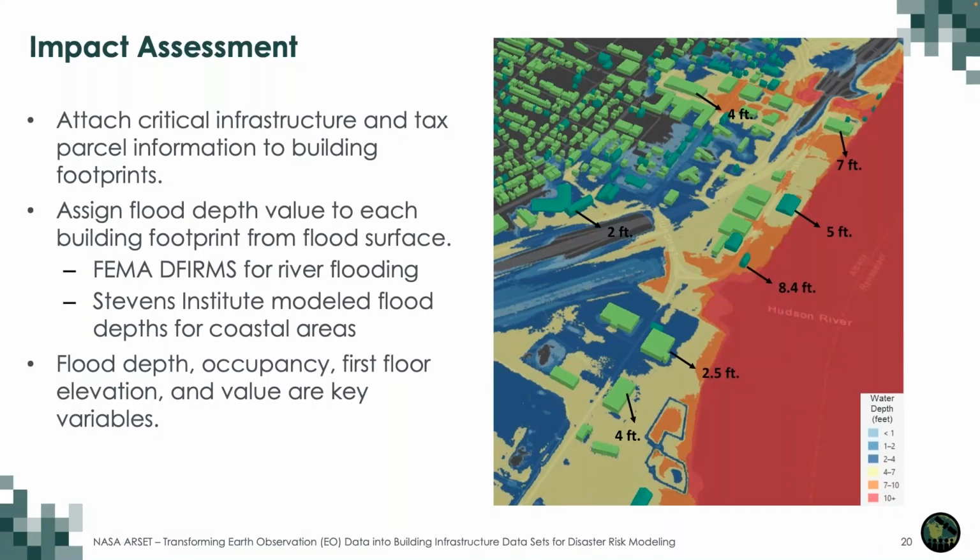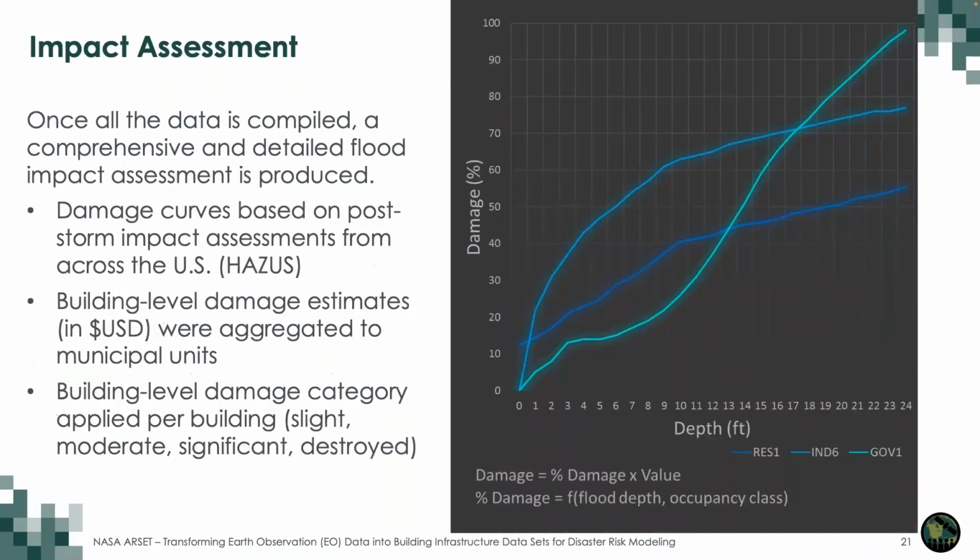And those have different depths. So we took the digital maps and calculated the depth based on a digital elevation model, and we could then get the maximum depth that each building was exposed to under each flood scenario, right? So we added to each building the flood depth information. And these are key for estimating damages.